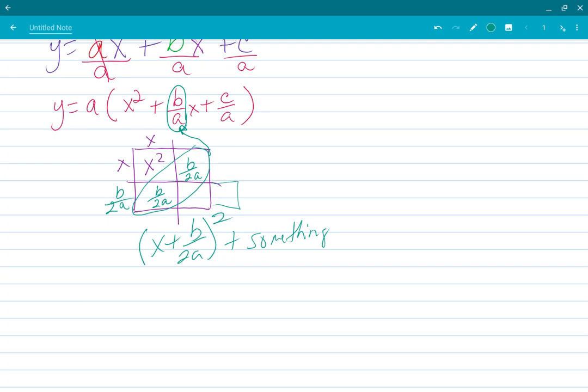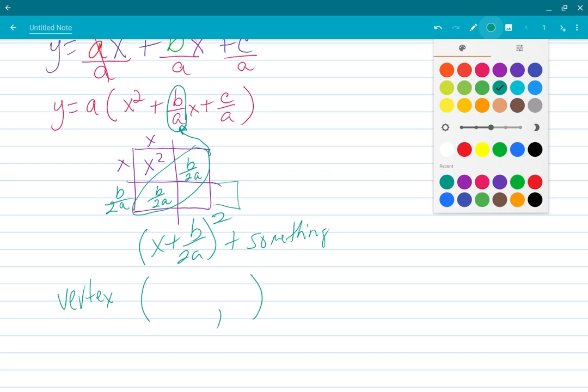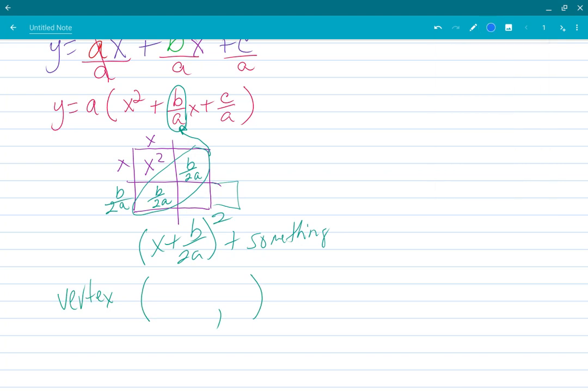What's the vertex of this equation? What's the x of the vertex? What do you think, Nathan? What would get rid of b over 2a? Negative b over 2a. That's right.